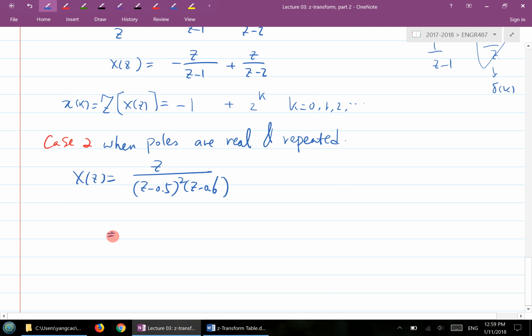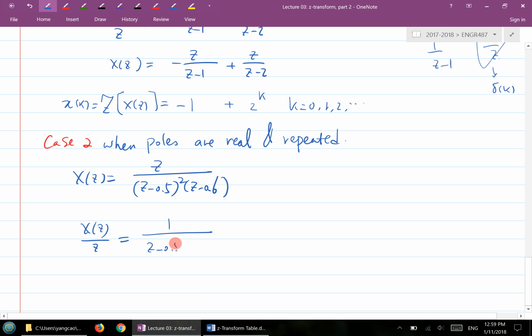When you do the z-transform as usual, we divide it by z first. So we divide it by z, and that z term on the denominator will be gone, with a numerator.